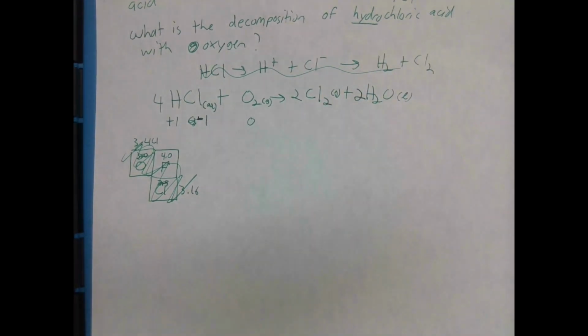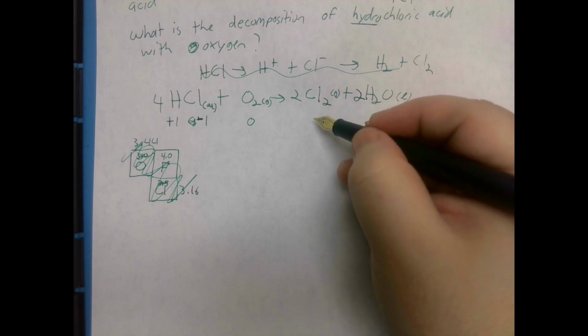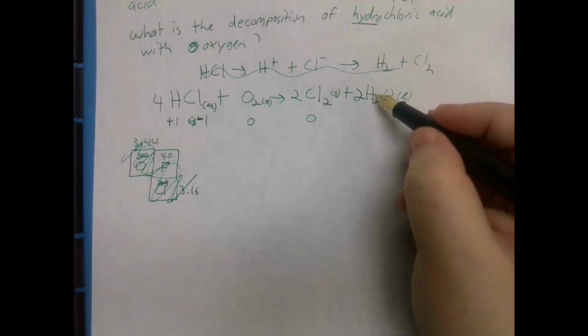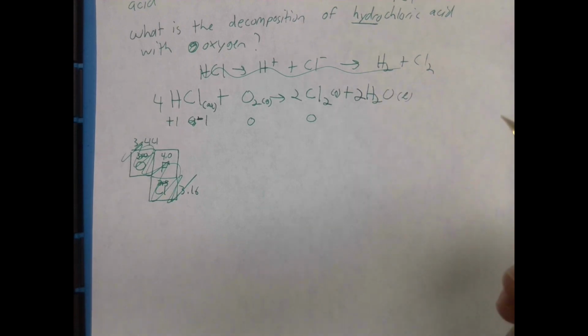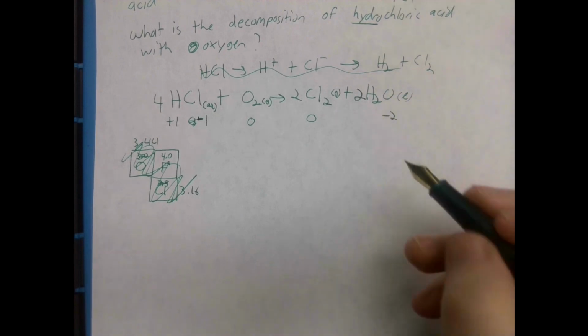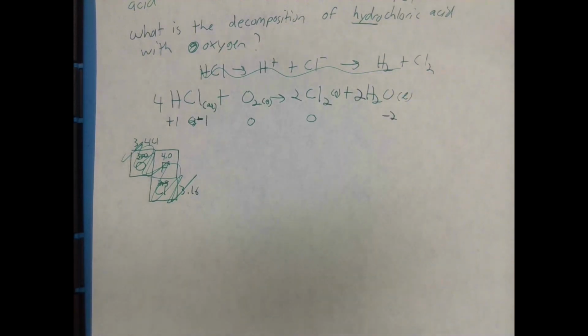It's an element. Chlorine would be 0. Hydrogen, so this is covalent, so we need to use our covalent rule. What is oxygen? -2, which means the hydrogens balance out the equation. And also hydrogen is always +1 unless it's peroxide.